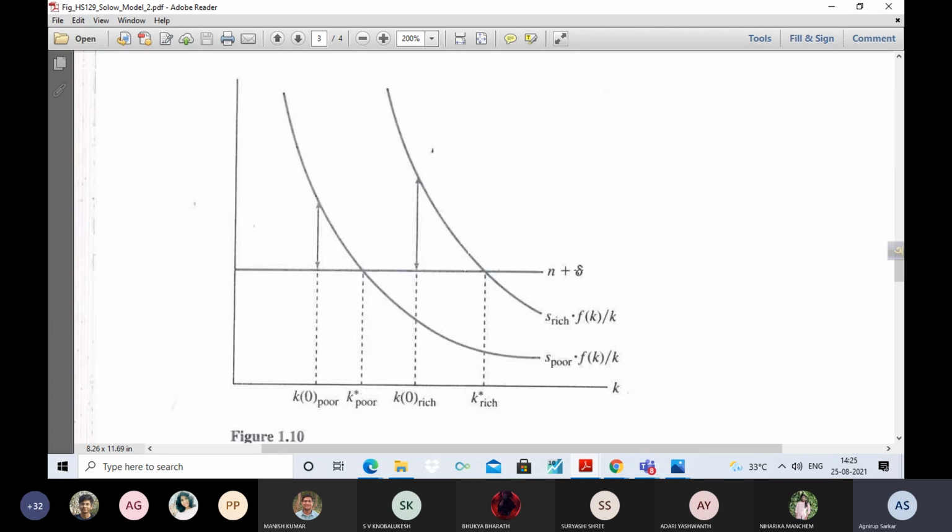So n and delta are the same. So we can have a common n plus delta line, and the point of intersection would differ, right? Hence, the steady state values of capital to labor ratio for the poorer nation and the rich nation would be different, right?